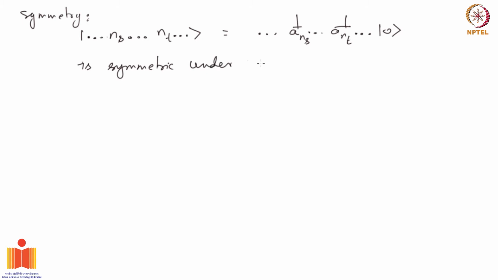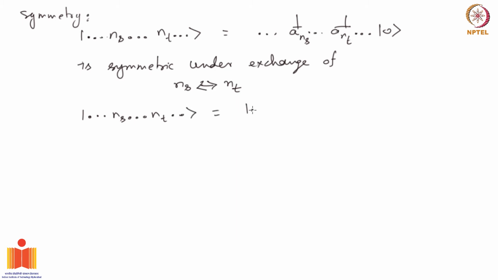under exchange of NS with NT. Okay, so if you exchange these two, the result does not change. Okay, which is just saying that I can interchange these two positions.